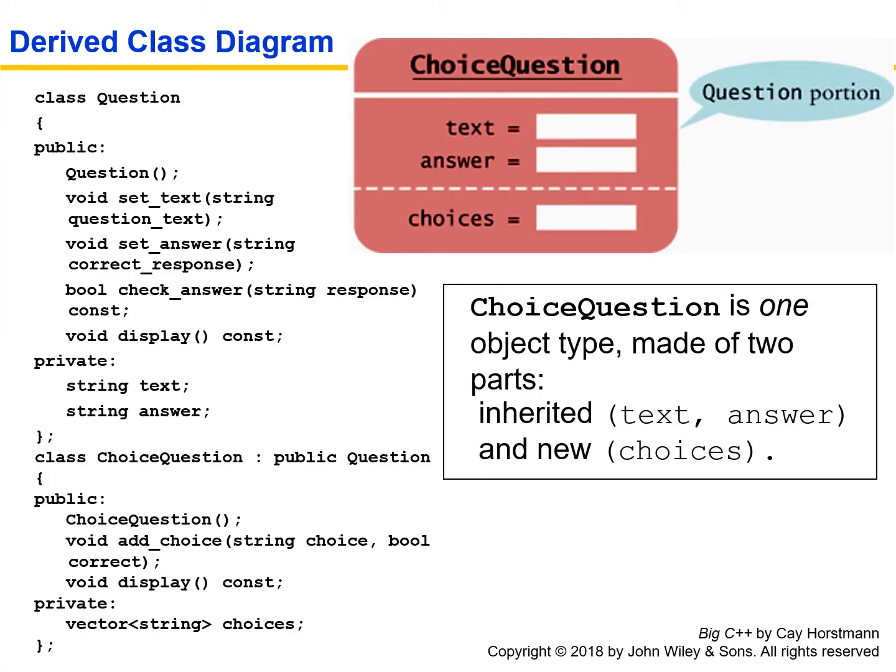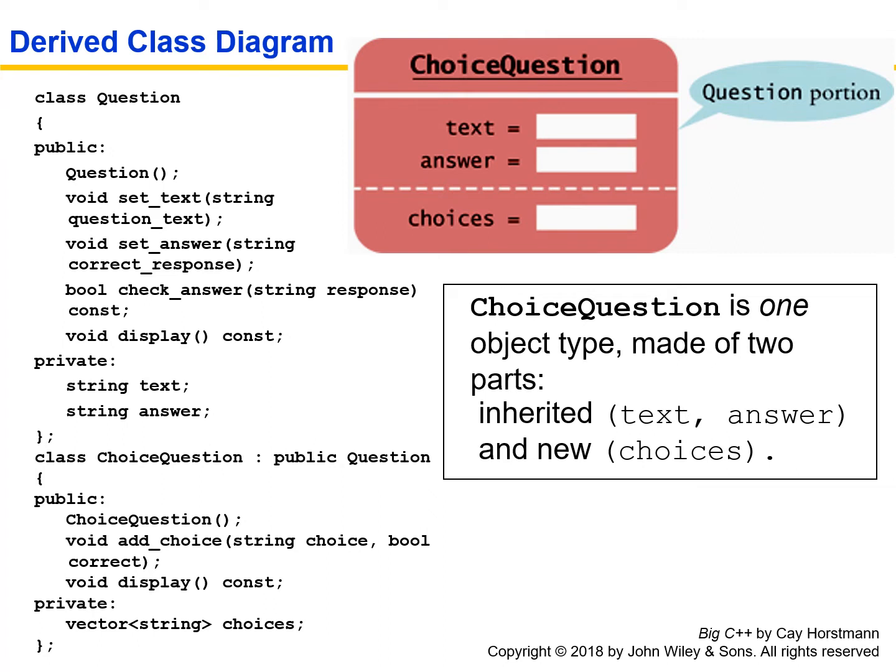The red box here shows how that would sort of be implemented in C++. The top half of the memory signature for ChoiceQuestion looks exactly like a Question object. It's got text and it's got an answer. We then add under that any new data that has been added as part of our inheritance process. So choices is a new bit of data there.